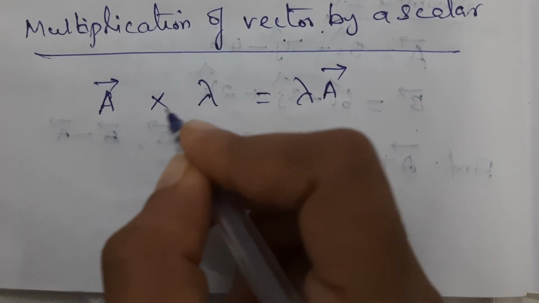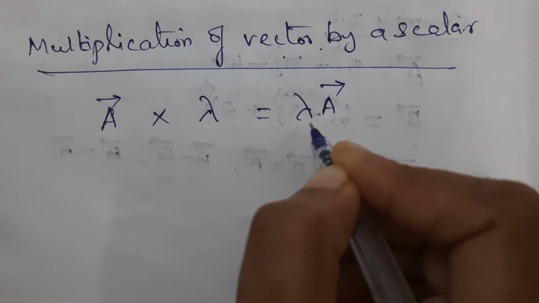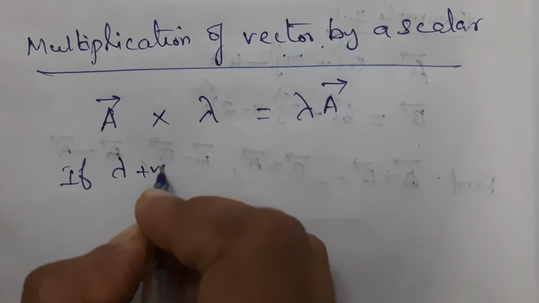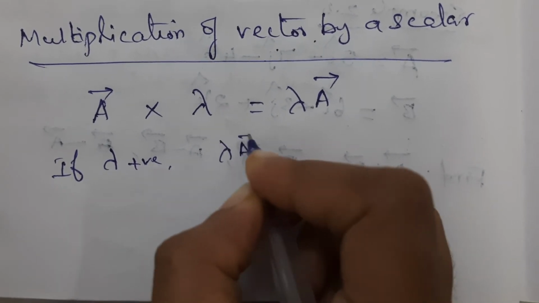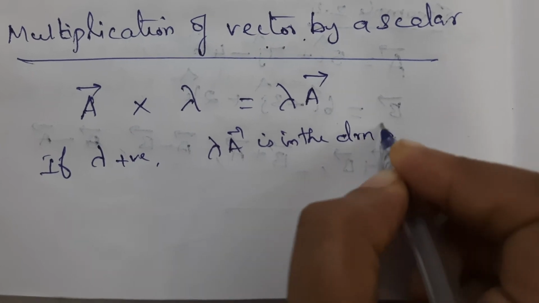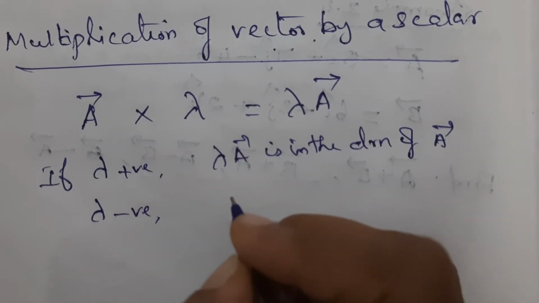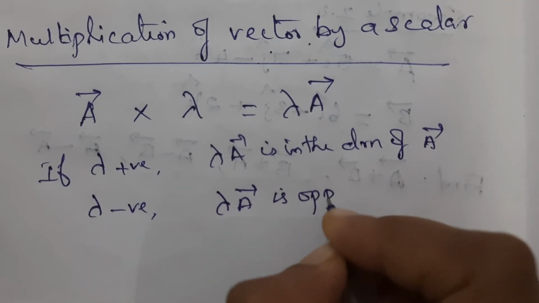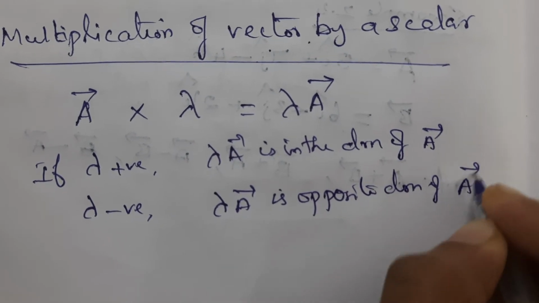If a vector is multiplied by a scalar, we will get a vector quantity. If lambda is positive, lambda a is in the direction of a vector. If lambda is negative, lambda a is in the opposite direction of a vector.